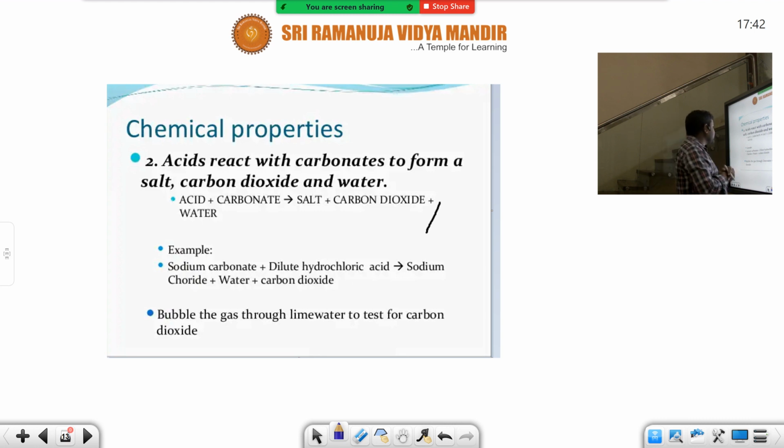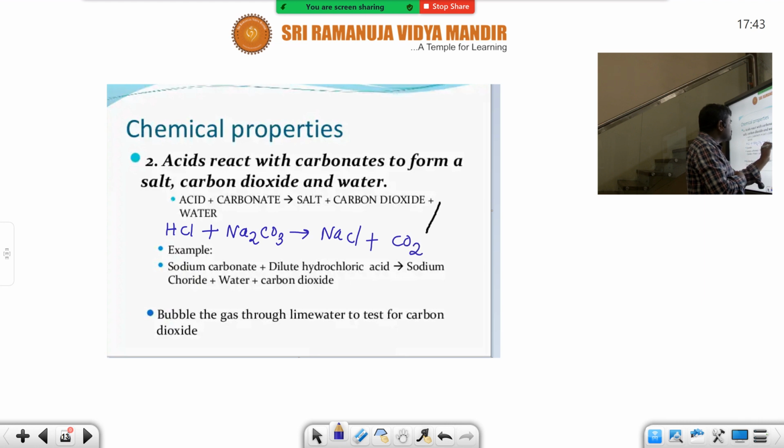Suppose we take HCl plus Na2CO3, which gives NaCl plus CO2 plus H2O. For balancing the equation, we write 2NaCl, CO2 plus H2O.